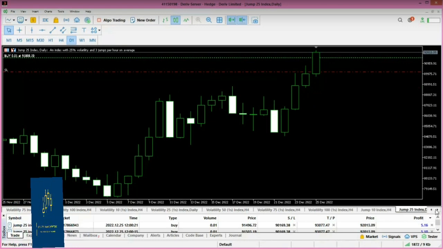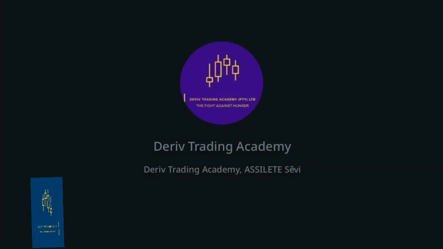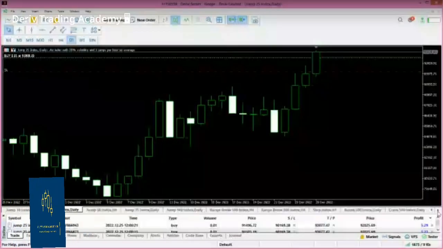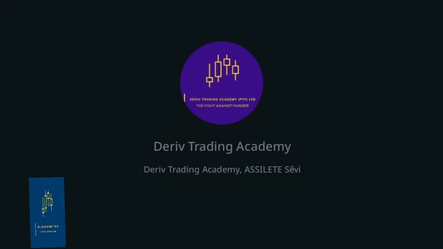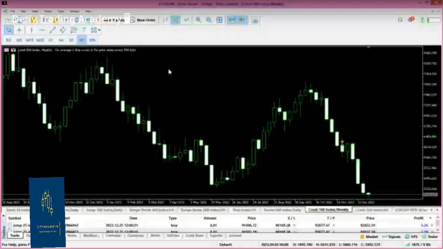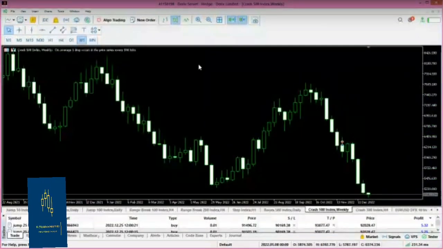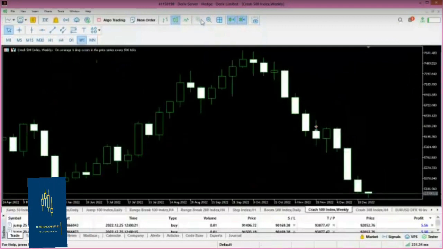Let us go to Crash 500. So here is our Crash 500, guys. With this one, it seems like we're going to have to take it out. We need to cancel this one. The reason I'm saying this is because of the length of this body.